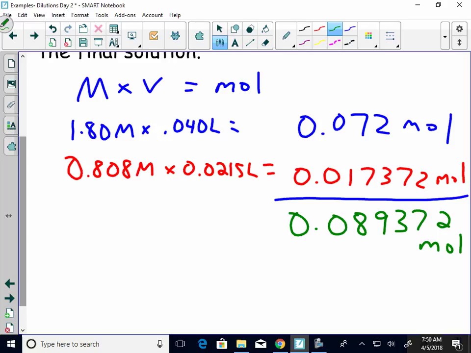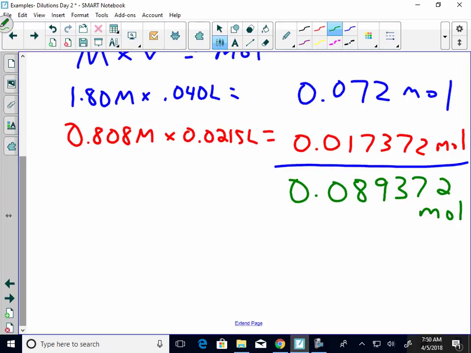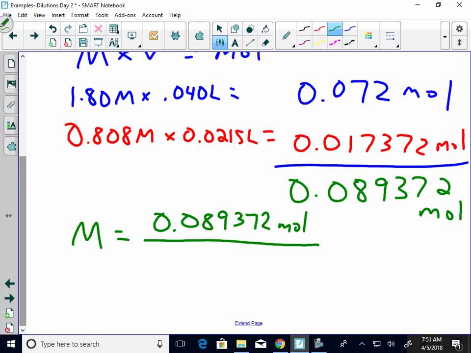What is the volume of my mixture? Because in order now to get the molarity, I'm going to take my number of moles that I just calculated and divide that by the volume of the solution.